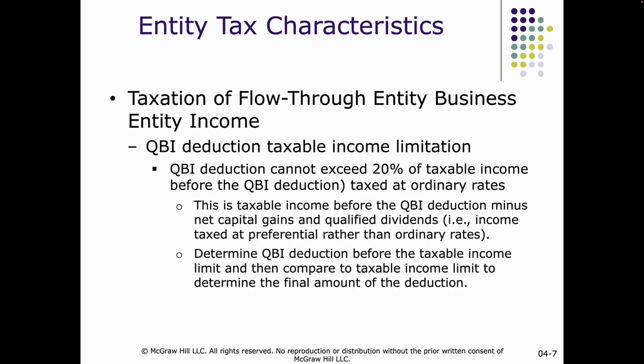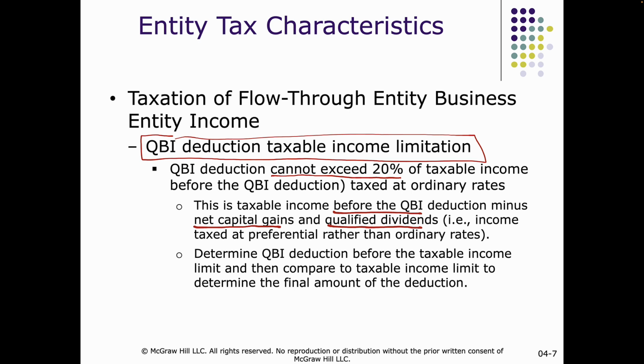So you want to make sure that you understand each of these and use this for your tax exams. Now let's talk about the qualified business income deduction and the taxable income limitation. Your qualified business income deduction cannot exceed 20% of taxable income before the qualified business income deduction, taxed at the ordinary rate. So this is the taxable income before the qualified business income deduction minus your net capital gains and qualified dividends, like income that was taxed at a preferential rate, not an ordinary rate.